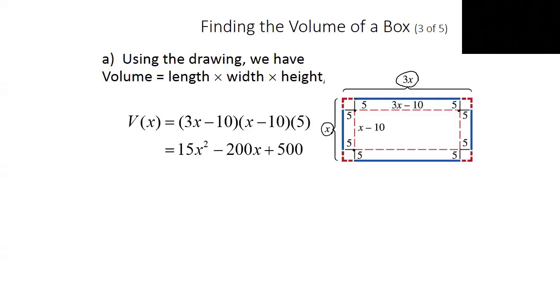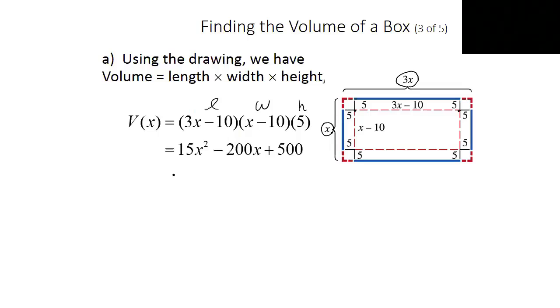Similarly, the width would be x minus 10. So the volume then would be the length times height times width. We know that the height is 5, and we already figured the length and the width. The length is 3x minus 10, and the width is x minus 10.